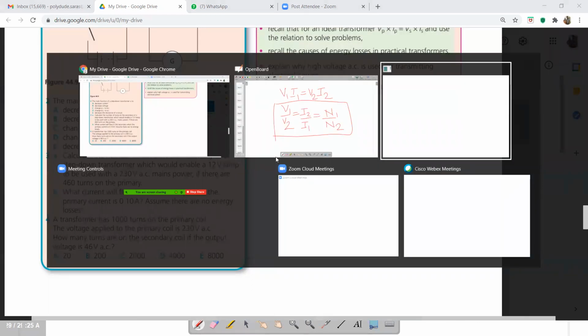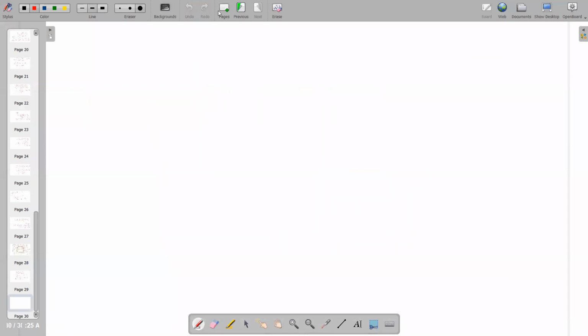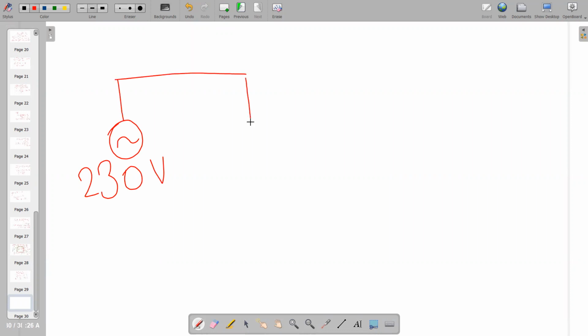Now, we have assumed that this is an ideal transformer. The situation here is we have 230 volts mains. This 230 volt is connected to the primary of the winding.